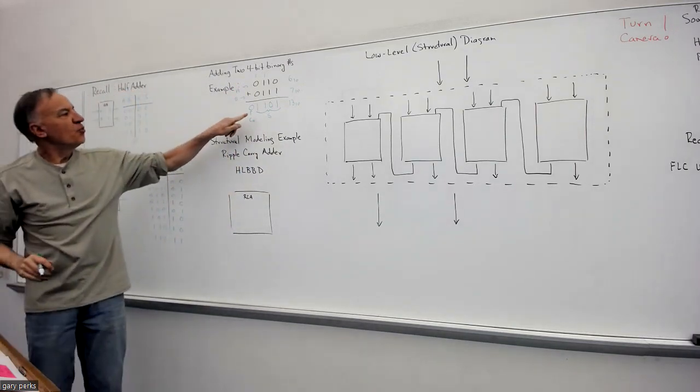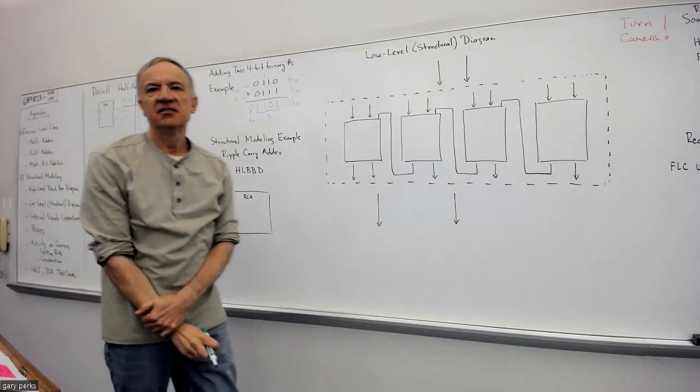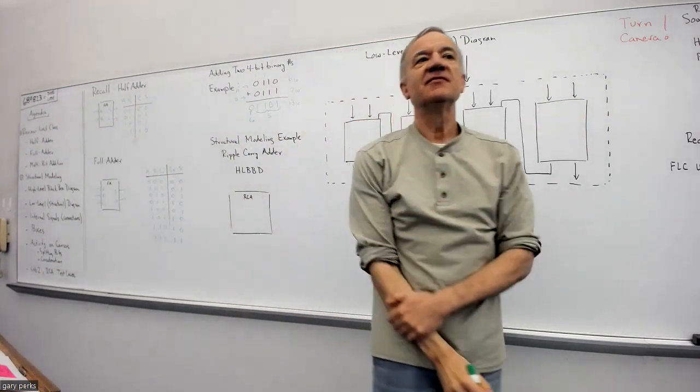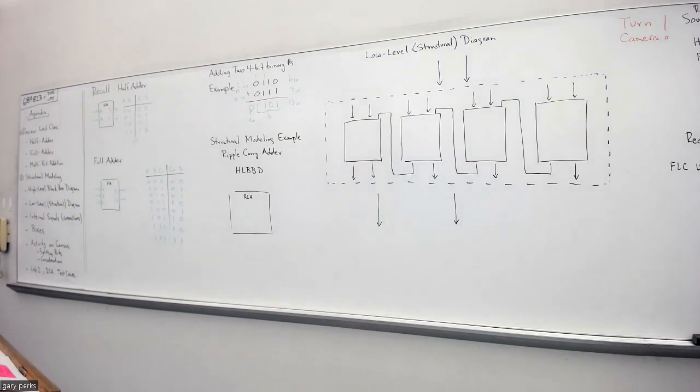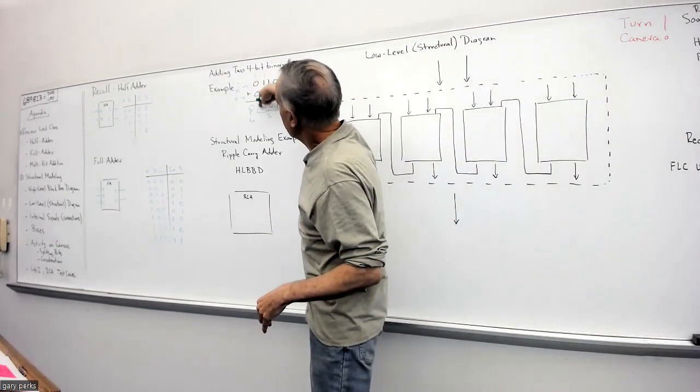And in fact, when would the carry out of this addition be a 1? What would A and B be? Yeah, we have 2 1s in this column. This would be 0, and we get a carry.